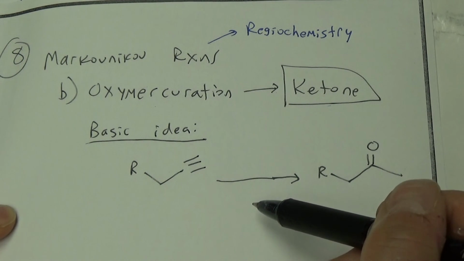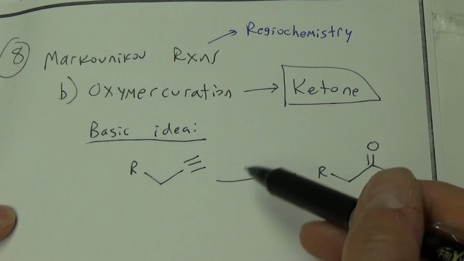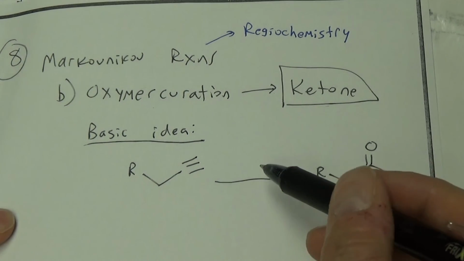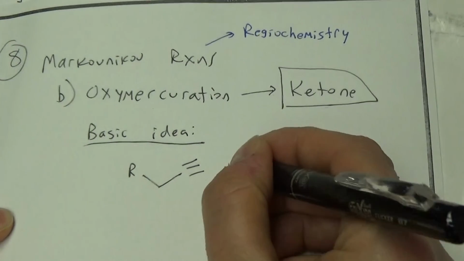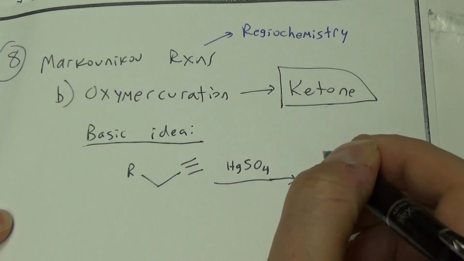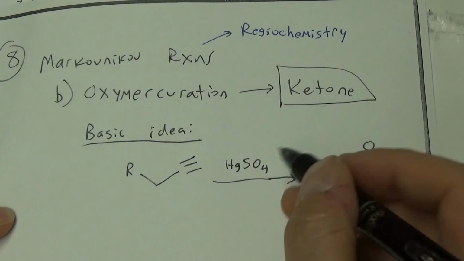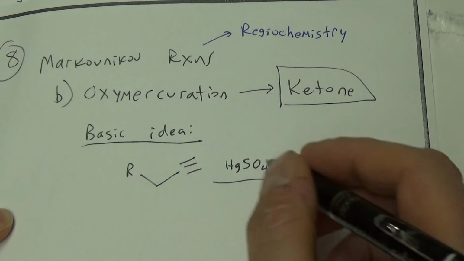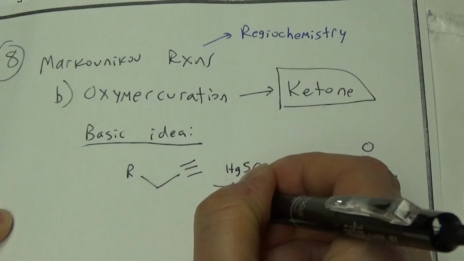That makes this a little hard to learn, but if you have index cards or something, you'll get this. So it's not mercury acetate, it's mercury sulfate, HgSO4. And acid water.